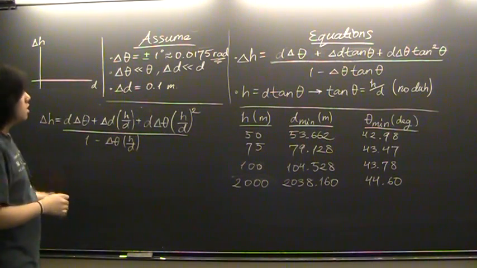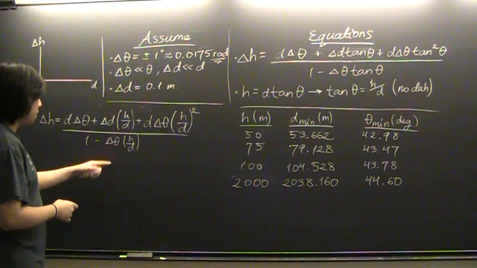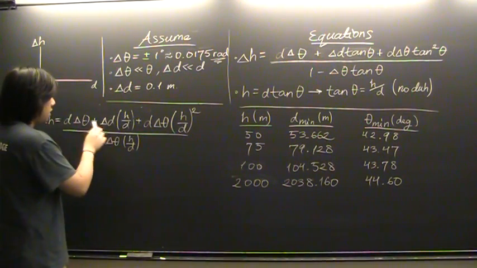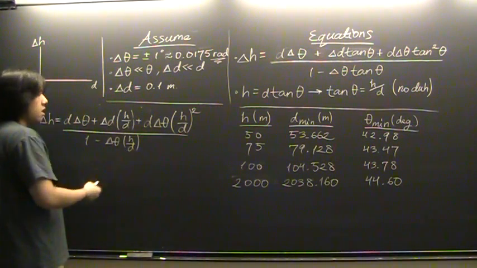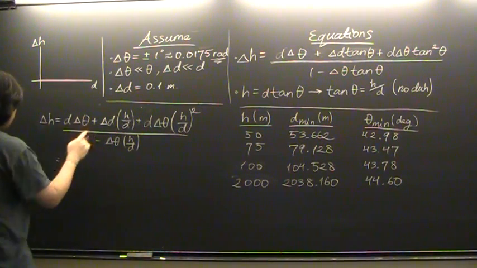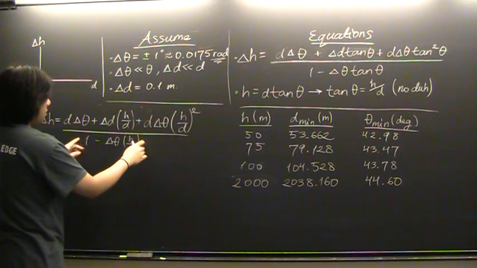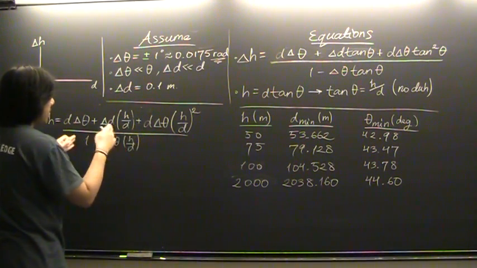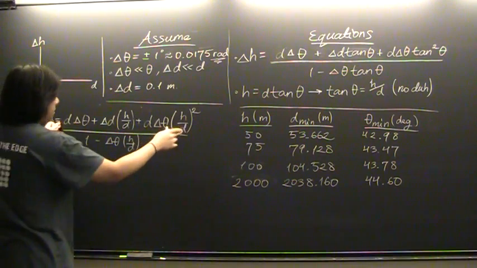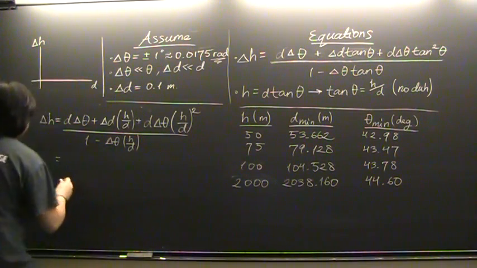All right, so we can clean this up a bit if we do some stuff to the denominator. We see here that we have a lot of things over d, so we can try to get rid of that. So delta h here is going to be equal to, let's say we multiply this entire bottom by d, and we do the same thing to the top. It'll make this equation a little more user-friendly.